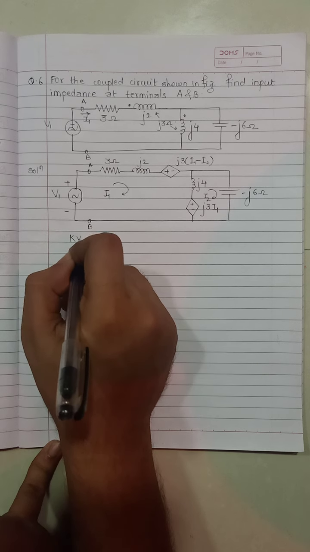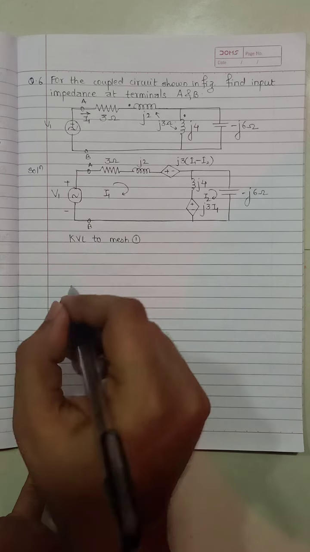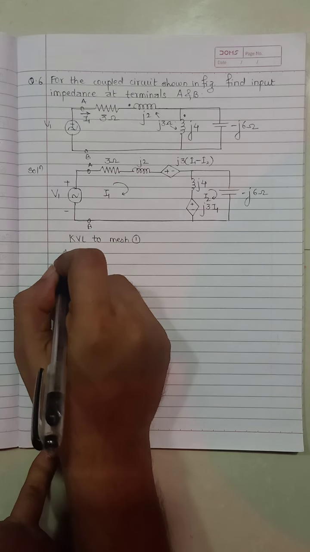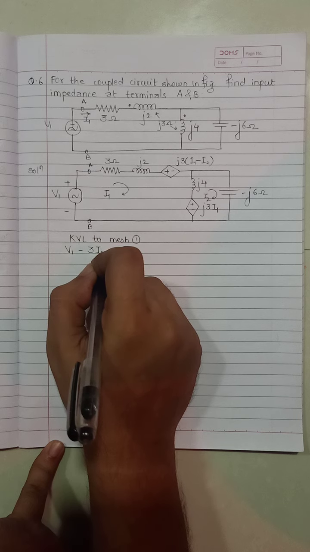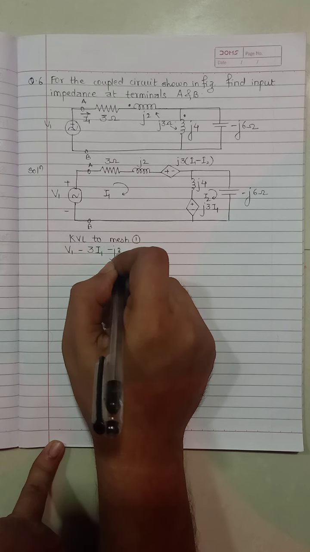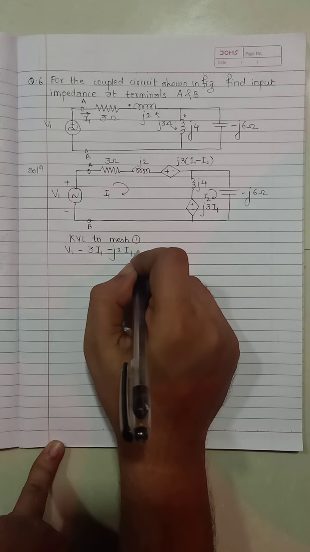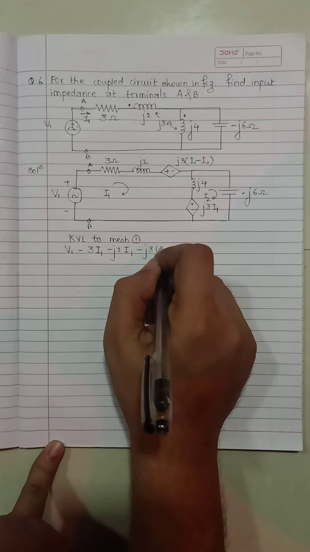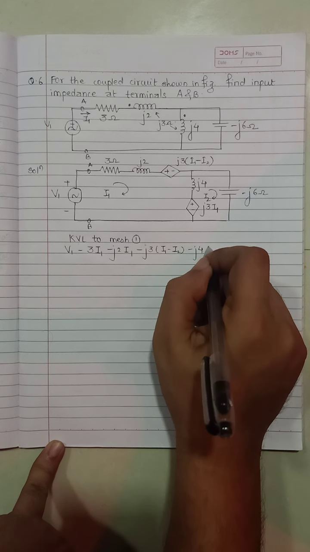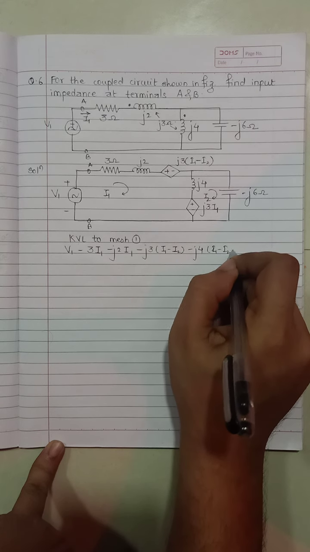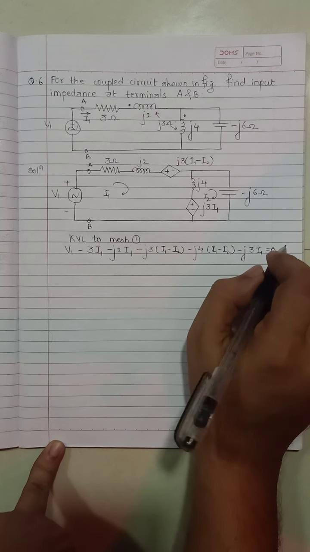So first I'll apply KVL to mesh 1, the first mesh. V1 minus 3 I1 minus G2 into I1 minus G3 into I1 minus I2 minus G4 I1 minus I2 minus G3 I1 equals 0.